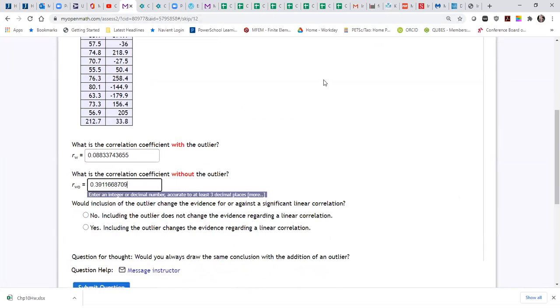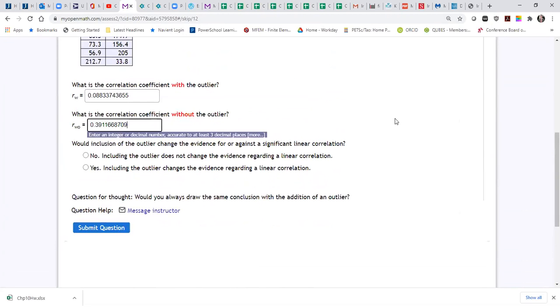Okay, so you can see as you compare this, the increase is like 0.3, right? So what do you think?